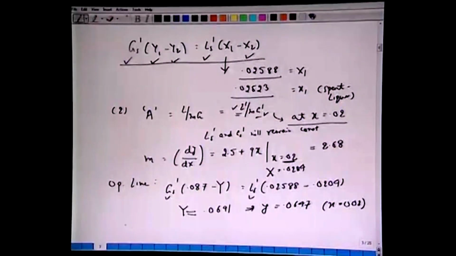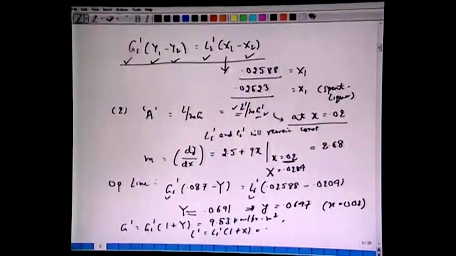Okay, so we can write G prime as GS prime times (1 plus capital Y) to obtain 9.83 kilomole per hour per meter square. Similarly, we can write L prime as LS prime times (1 plus x) to obtain 30.61, and then one can calculate A equals 1.16.